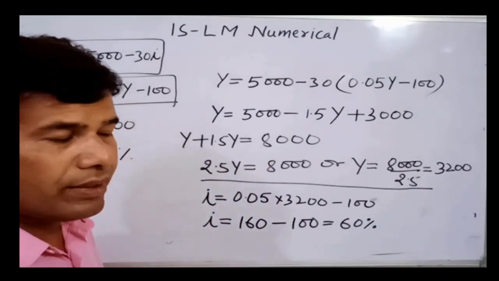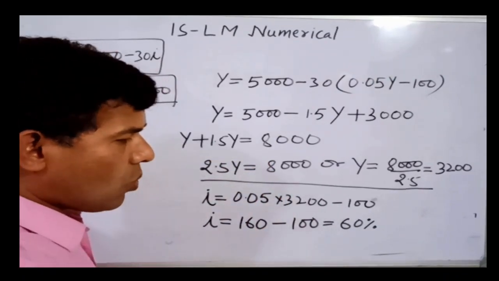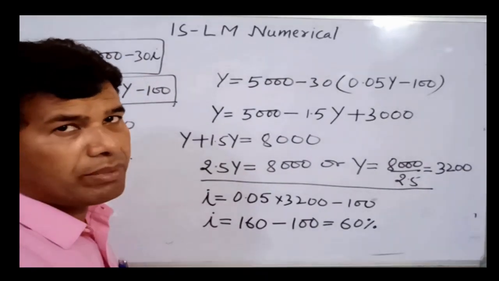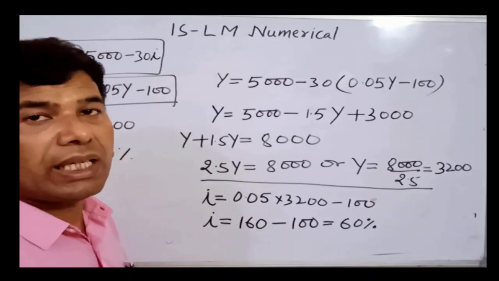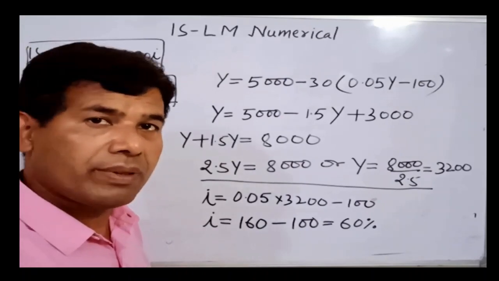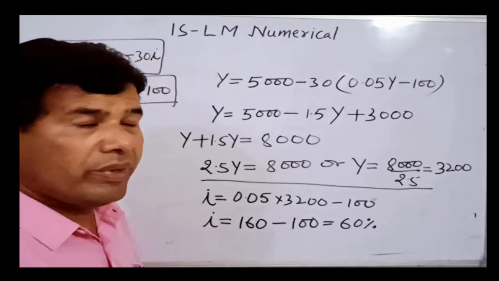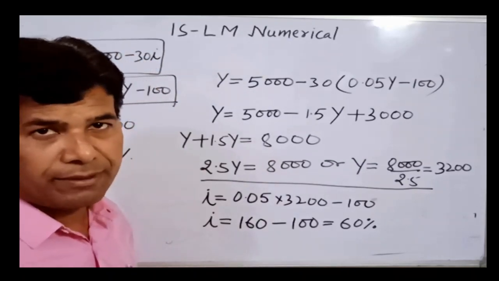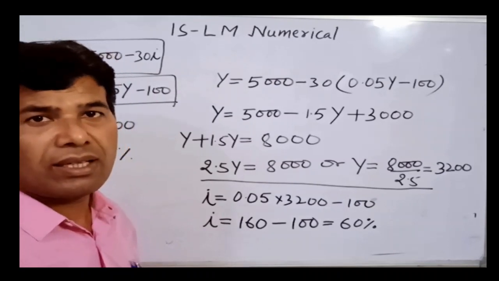The second question is about what is the effect of a rise in real money supply by 200 on the equilibrium level of income. In some way, we are trying to assess how, if money supply rises, the equilibrium income changes.